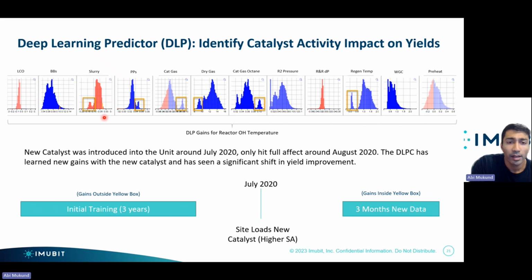Here's slurry, here's PPs, here's cat gas. On some of these gain distributions, we see a bimodal distribution. What that means is we see a big peak and then a small peak, right? So we see a big peak here on cat gas and then a small peak.